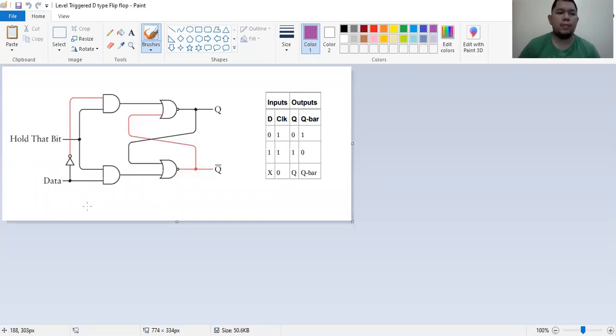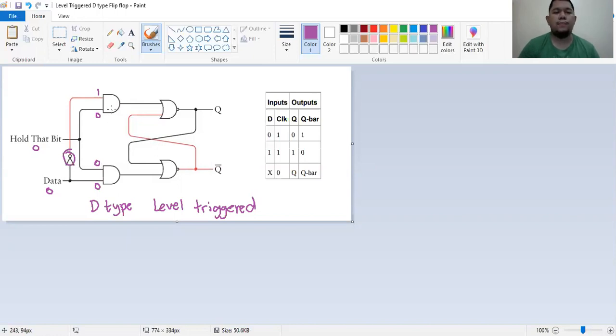Okay, so this is our circuit for the D-type and level triggered flip-flop, or latch. Our initial state requires a hold that bit value of 0 and a data value of 0. So the inputs are 0 for hold that bit, and data of 0 and 1, because there is a NOT gate here.